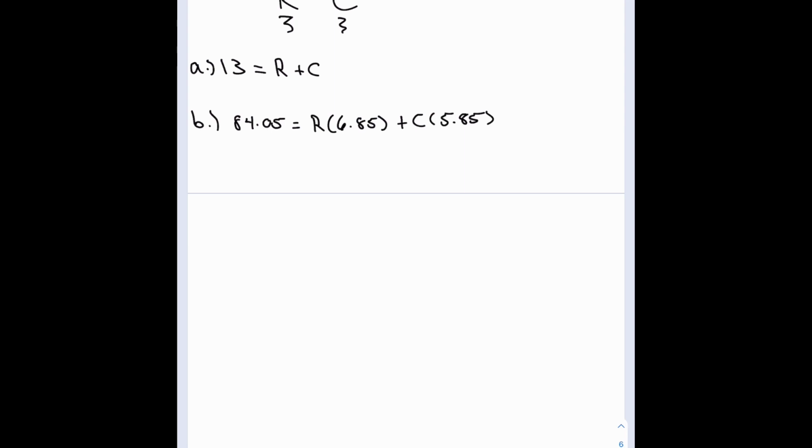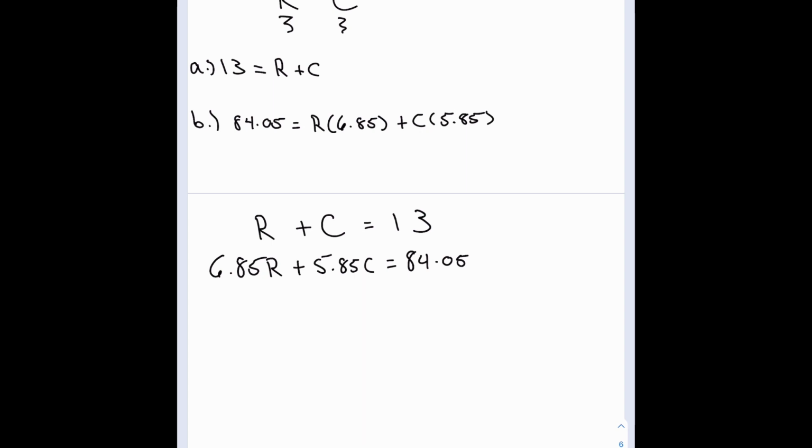Now, this says to use the elimination method, solve for the value of R. So we have our two equations, right? R plus C equals 13, and we have 6.85 R plus 5.85 C equals 84.05.